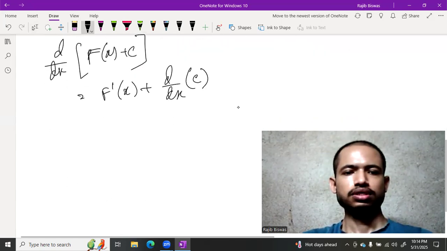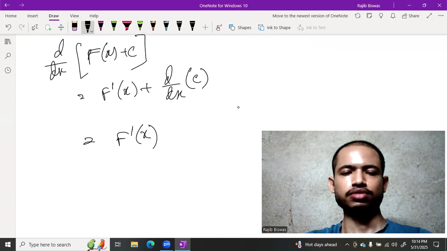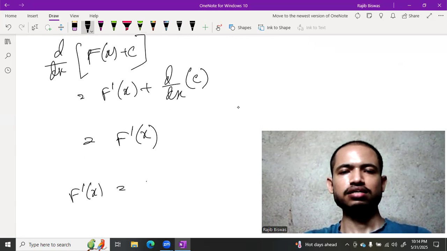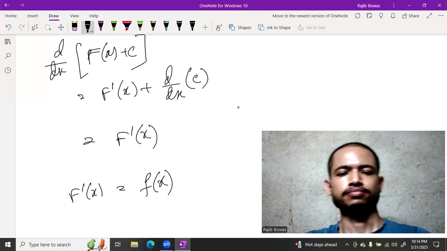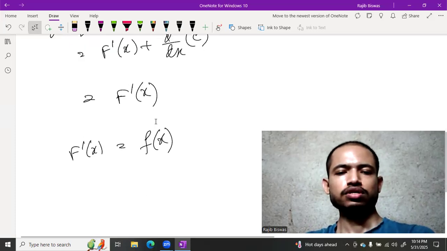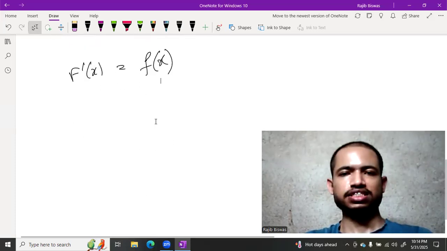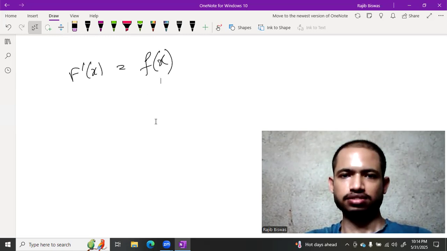So ultimately it becomes capital F dash x only, and this capital F dash x is the initial function small f(x), right? Okay. So basically integration and differentiation are two reverse procedures.